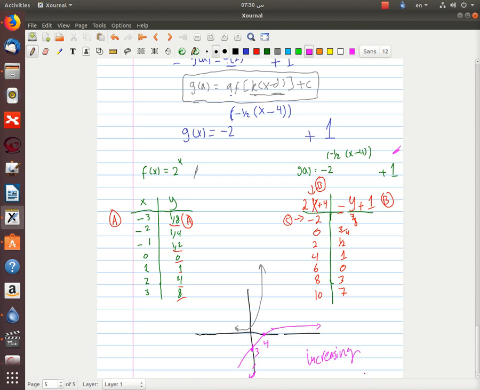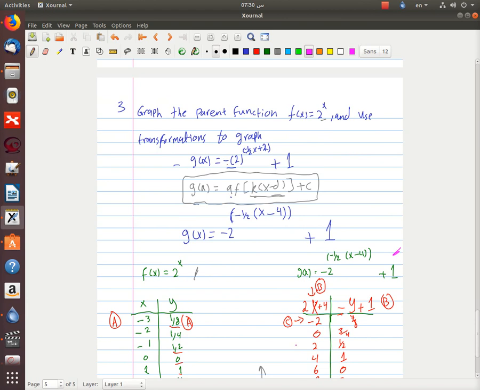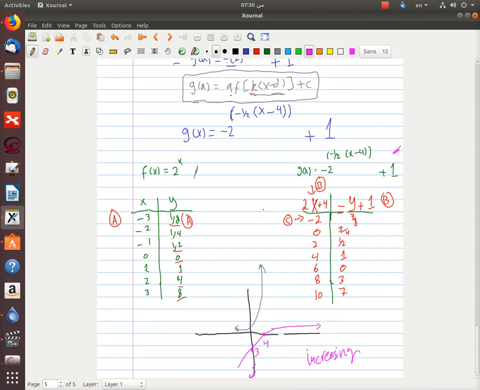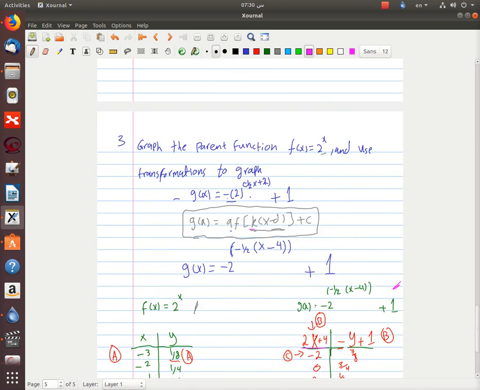Now what I focused on in this problem, I focused on the common sense mistakes that everyone makes. Almost 90% of students forget k, and then I made this table of values. I explained 2x plus 4 and minus y plus 1. I said 2x I have to invert, I have to go up here and here. Okay, do not go here, do not go in this one, go in this one.